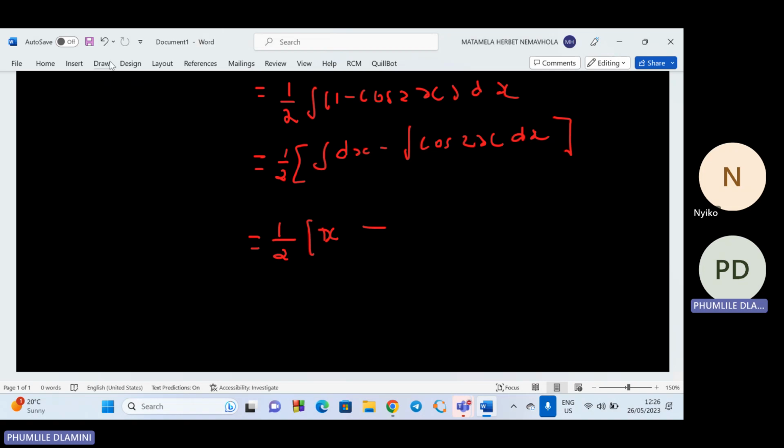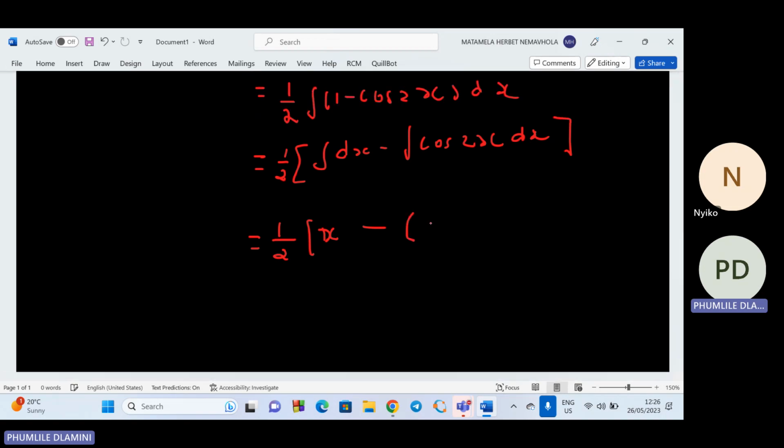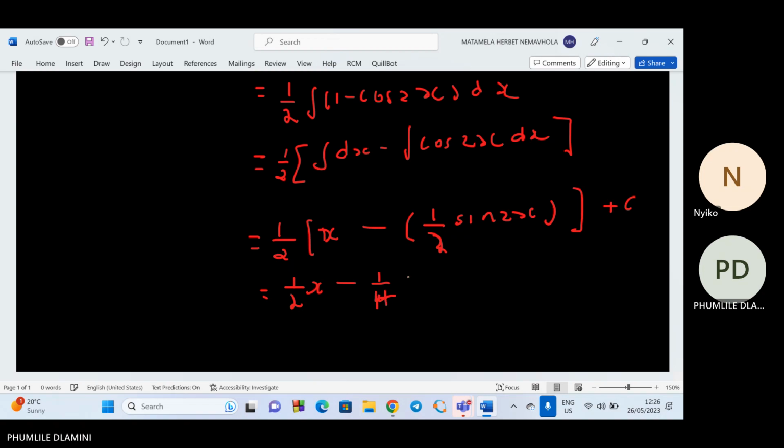You will just know that when you see this integral, it's going to be, in brackets, 1/2 sine 2x, because we know that when we integrate cos, which is positive, it's going to be sine 2x. Then you can say plus c outside. Then this is going to give us 1/2 x minus 1/4 sine of 2x plus a constant, which is c.